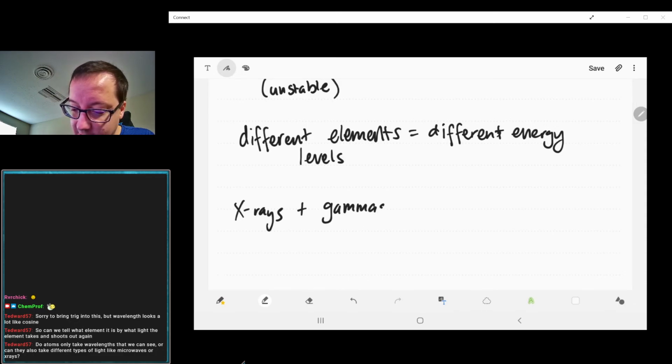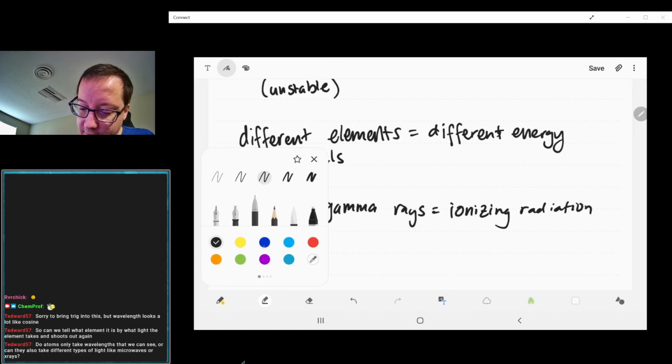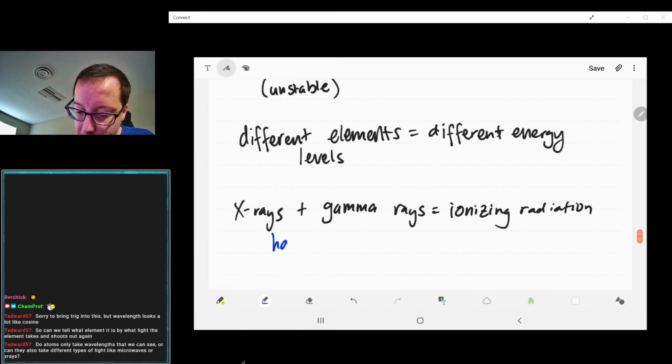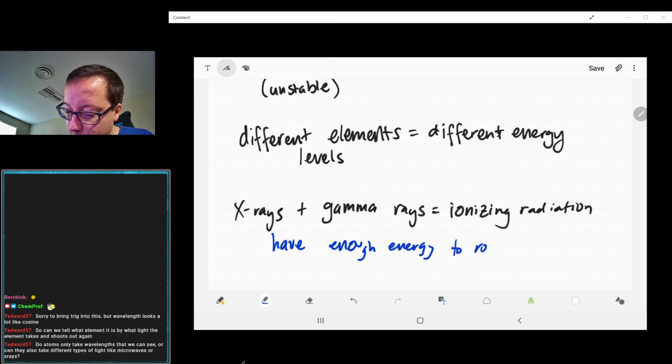gamma rays and X-rays are what are called ionizing radiation. They have enough energy to remove electrons from atoms.